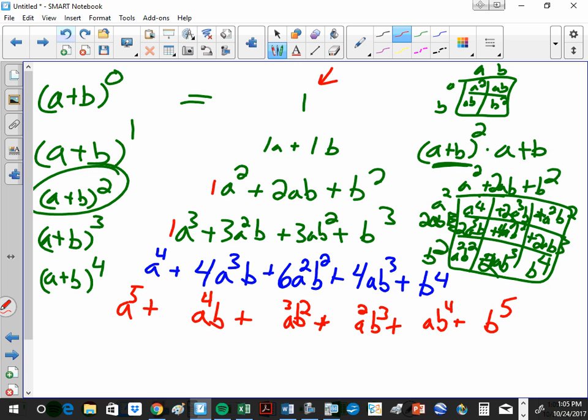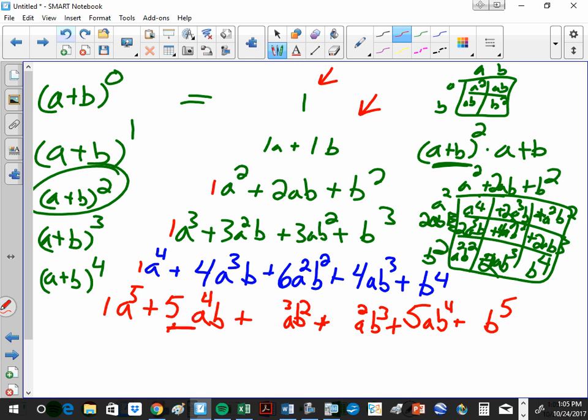So 1, 1, 1, 1. And then what about the next row? 1, 2, 3, 4. So what's going to go here? 5. And if there's a 5 there, well, if we have a 5 here, the next one down would be 6. But what else? What else would the 5 be? On the other side, this would be a 5.